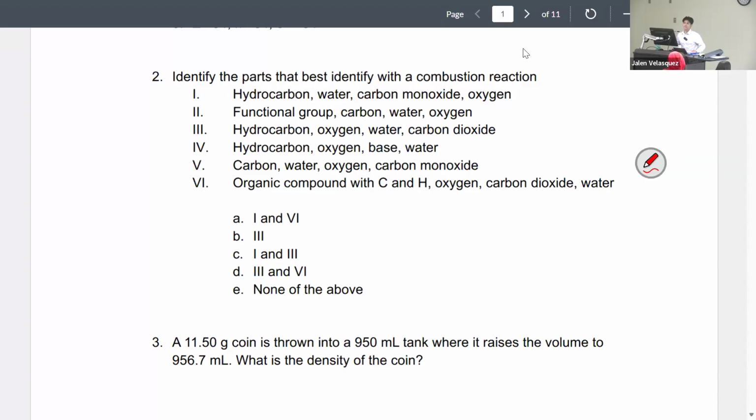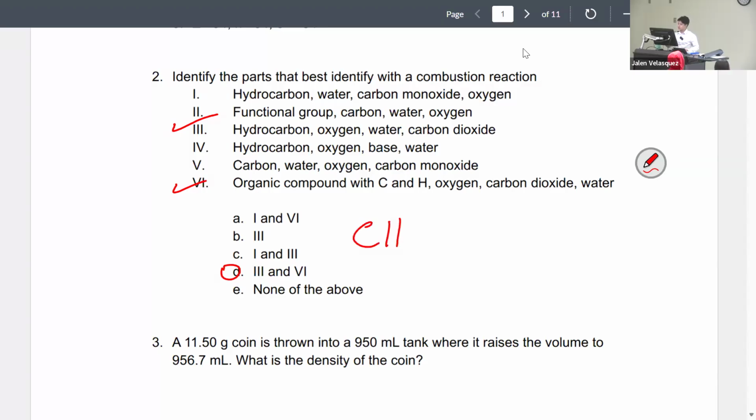What you said, B? D. D, good. So statements 3 and statement 6, right? Remember, a combustion reaction, you have your reactants, right? You have a hydrocarbon, so it's a compound that's got hydrogen and carbon, right? Hence the name hydrocarbon.